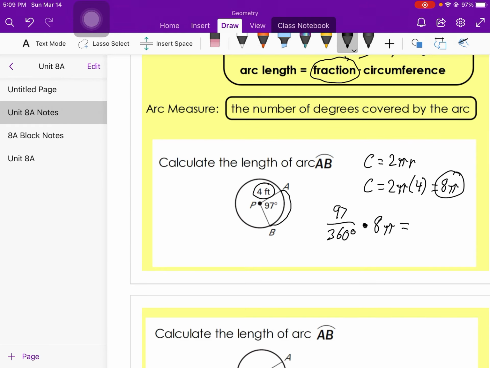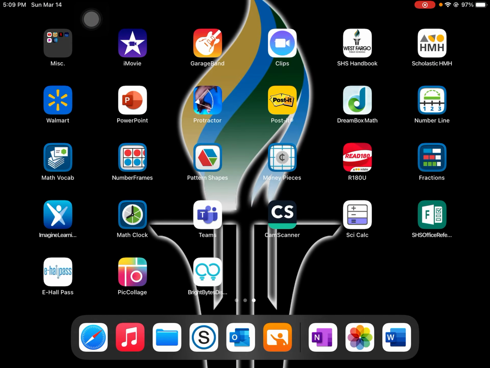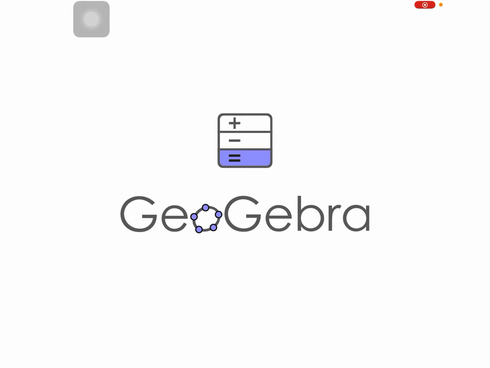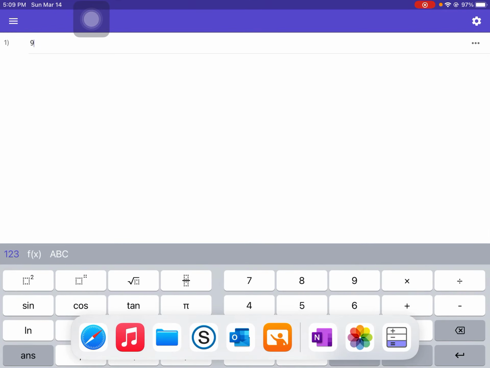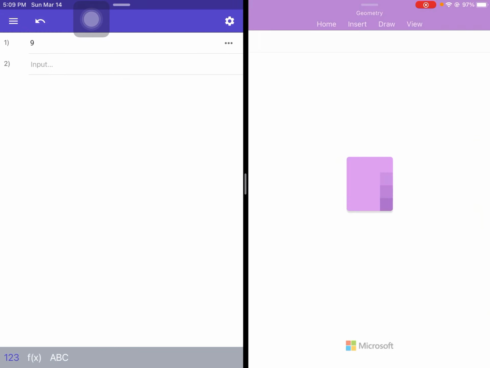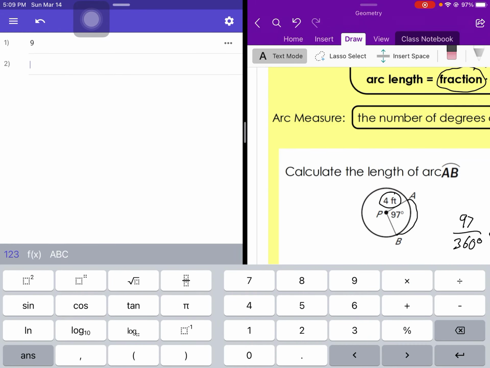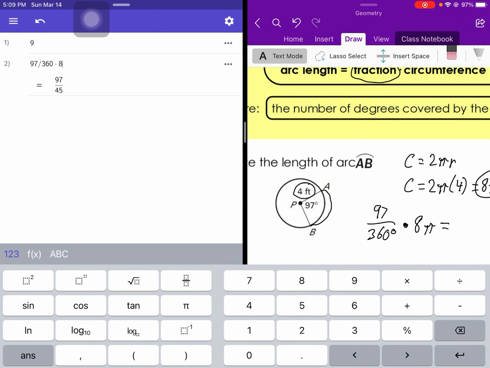Now watch how I type this in my calculator here. Let me just split screen here really quick. So I'm going to do 97 divided by 360, and then we are going to times this by 8, and then you can just hit the pi button.